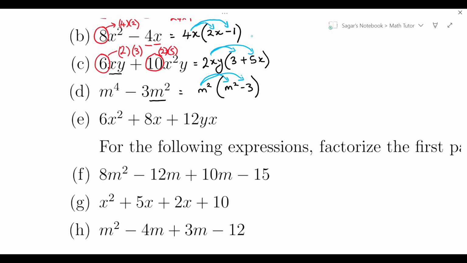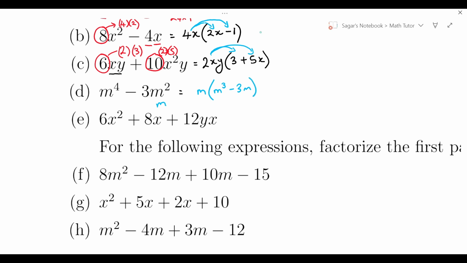Let's just say we made a mistake with the factoring. Not a mistake, but we didn't see ahead, right? Let's say we said m is a factor, right? So we end up pulling out the m. We have m to the 3 minus 3m, right?